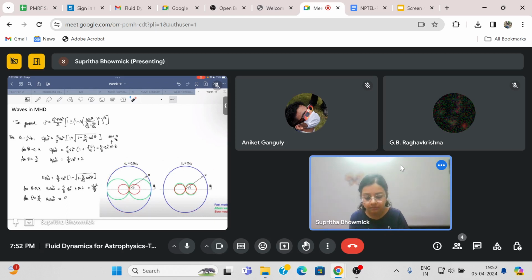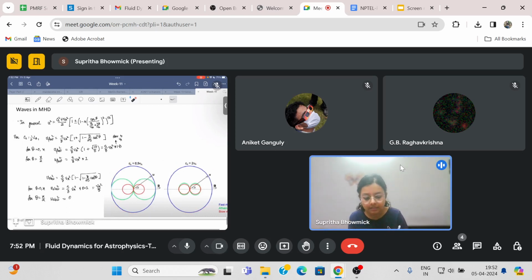Okay. So let's say Cs is equal to half of Va. We'll put this in and see what value of phase velocity we get for the fast and slow magnetosonic wave. So u fast square, if you put in this value, you will see that it turns out to be this. Of course, there's a cos theta over here. Then we'll take two different limits of theta.